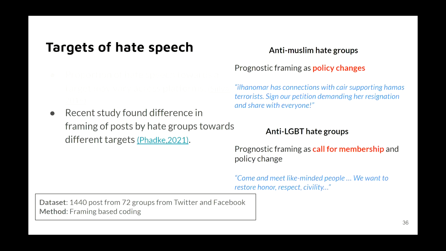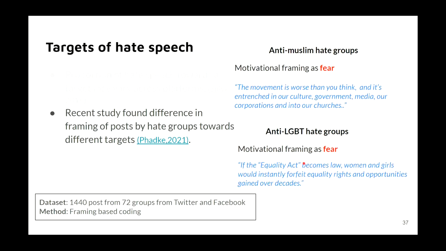Here they call and meet and greet like-minded people, and they usually have this kind of message. One of the interesting factors is that when we see the motivational framing, it is more or less always fear for both these groups.